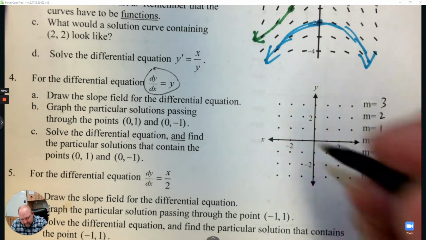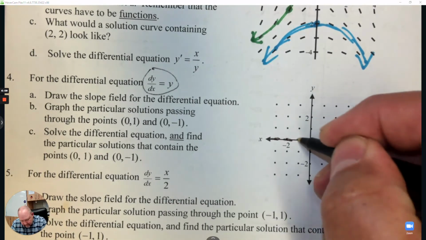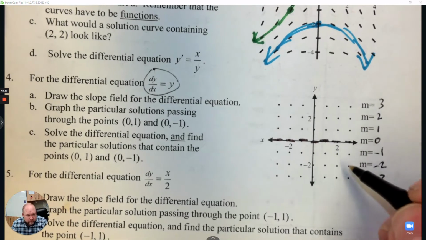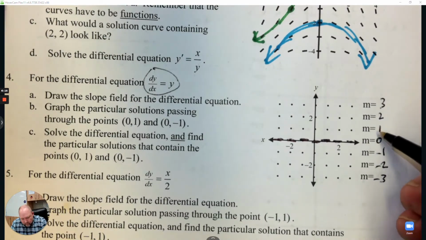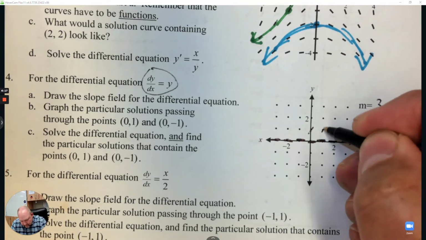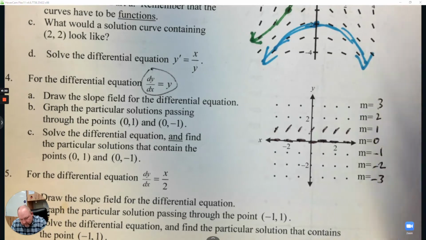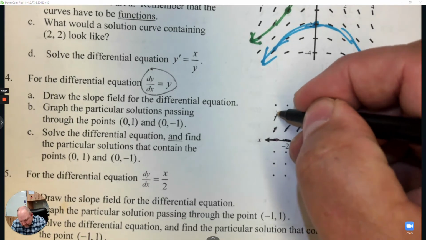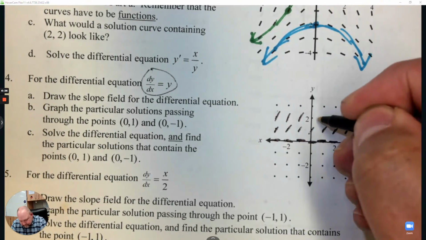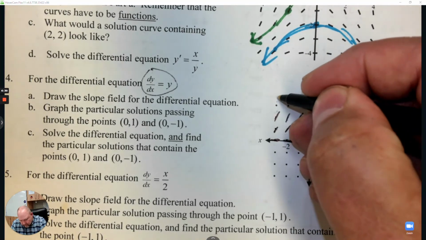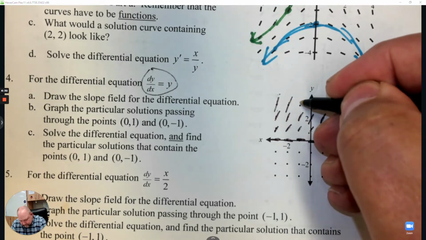So for 0, the slope is a horizontal line. It's defined. It's not empty, but they're horizontal lines, which means those are turning points. For 1, it's going to be a slope of 1 going across, up 1 and to the right 1. For 2, it's up 2 and to the right 1, so it means it's a little steeper. And then 3, go 1, 2, 3, and it's even steeper.